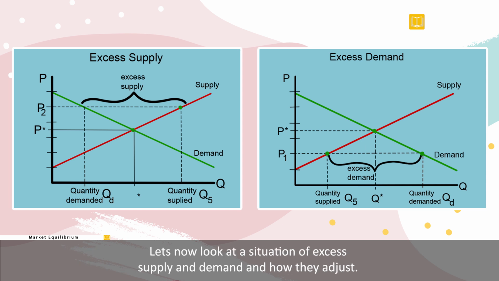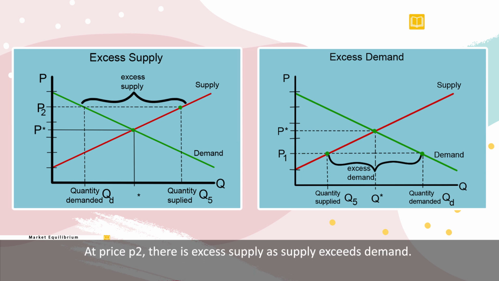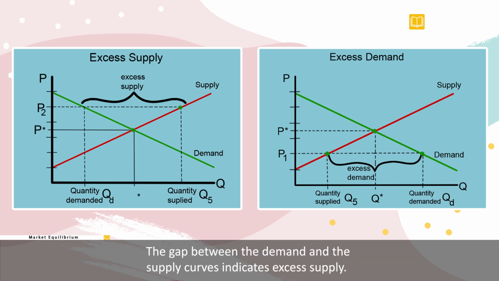Let's now look at a situation of excess supply and demand and how they adjust. At price P2, there is excess supply as supply exceeds demand. The gap between the demand and the supply curves indicates excess supply. Similarly, at price P1, there is excess demand as demand exceeds supply.